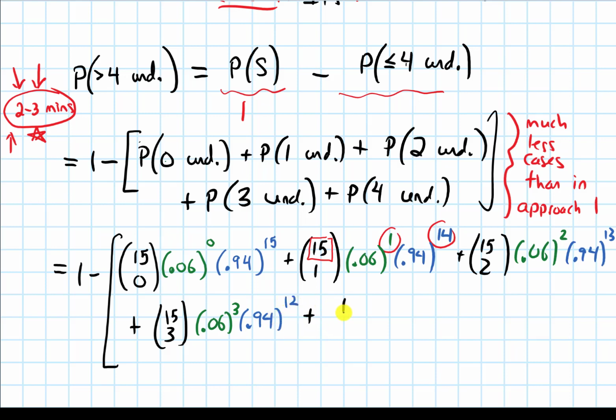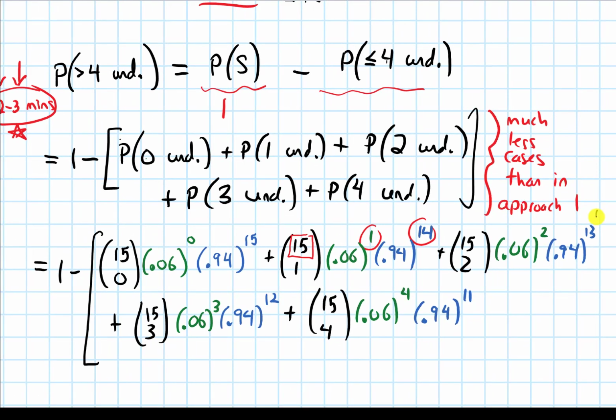And then finally 4 undecided will be 15 choose 4 times 0.06 to the 4 successes, times 0.94 to the 11. We'd have 11 failures. All right, let's close the bracket here.